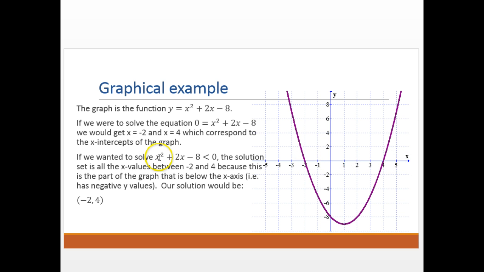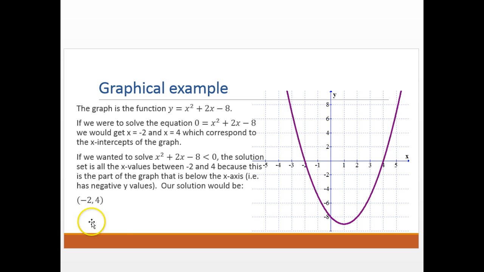If we wanted to solve x squared plus 2x minus 8 is less than 0, this is the solution of all values of x between negative 2 and 4, because this is the part of the function which gives me a negative answer. If I plug in a number between negative 2 and 4, this gives me a y value which is negative. Notice this is all below the x-axis.